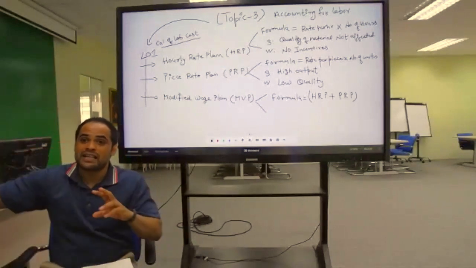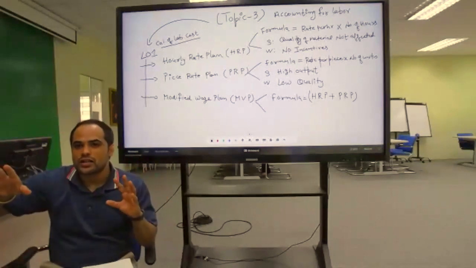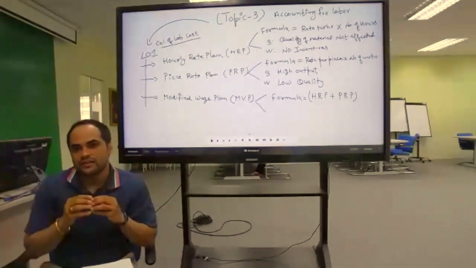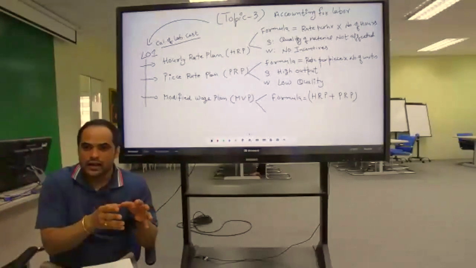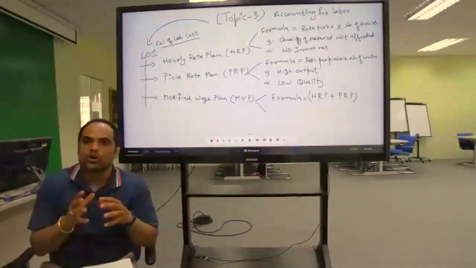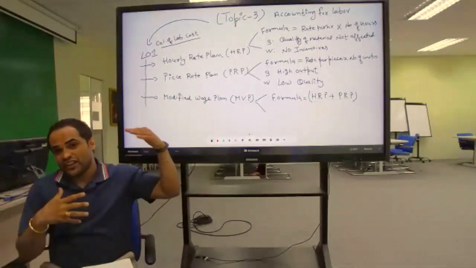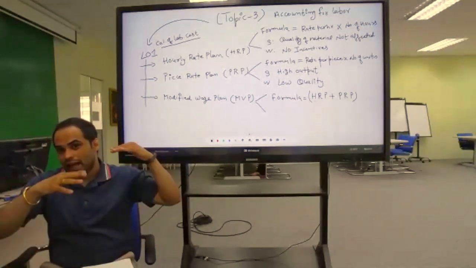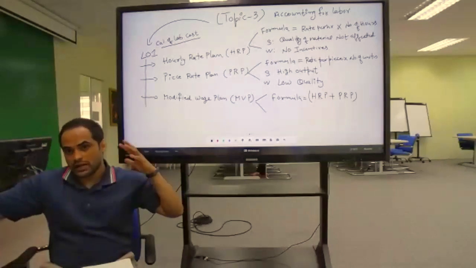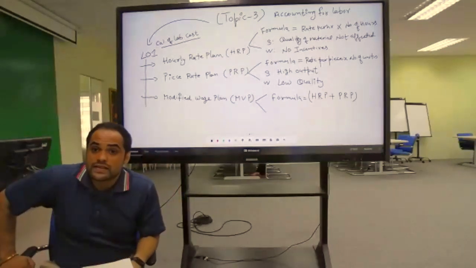So the company is applying both methods, hourly rate plan and piece rate plan. This is called the modified wage plan, which means the combination of fixed money and variable money, which is not safe.